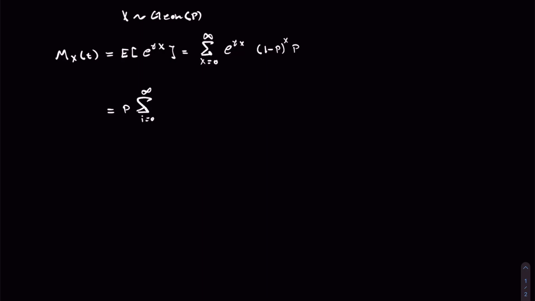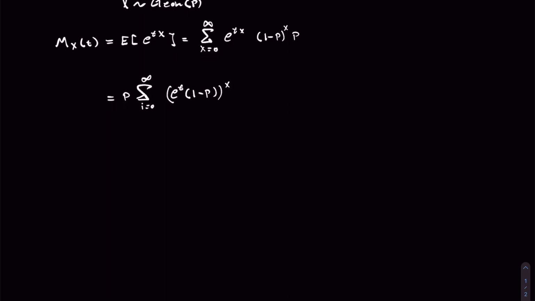And realizing that we have the power of x, we can write e to the t times (1 minus p) like so, and e to the t is just a constant for whatever t we choose. If the MGF exists, the interval of t has to contain 0.